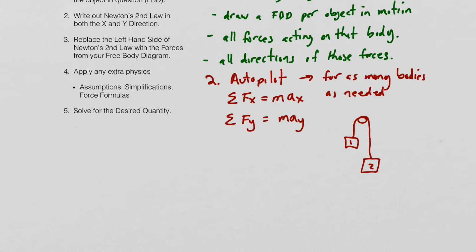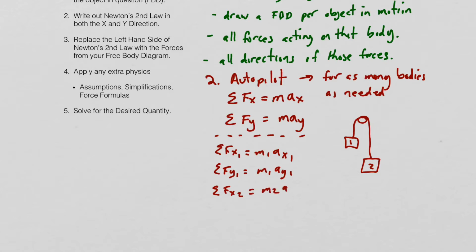Well, how would we write out Newton's laws for this scenario? Well, we would have the sum of the forces in the x direction on body 1 is equal to mass 1 times the acceleration in the x direction of body 1. Sum of the forces in the y direction on 1, mass 1, ay1. And we'd have to have the same type of thing for number 2.